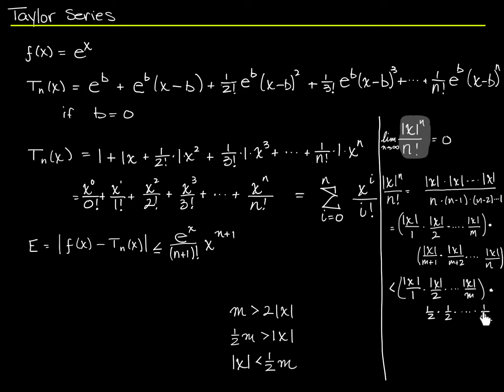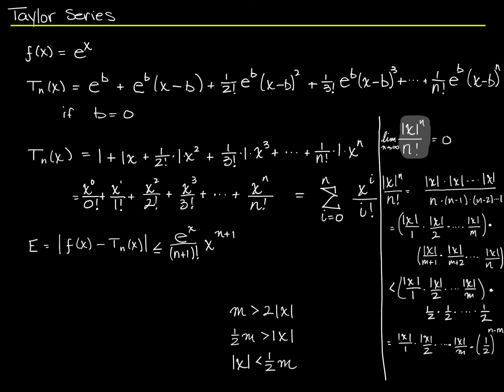So there are n minus m copies of 1/2 here. So now we'll rewrite this as x over 1 times x over 2 times up to x over m times 1/2 to the power of n minus m.